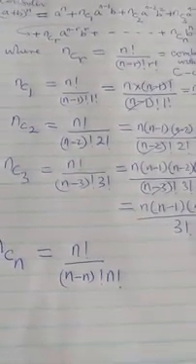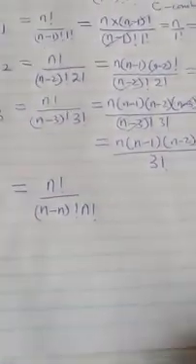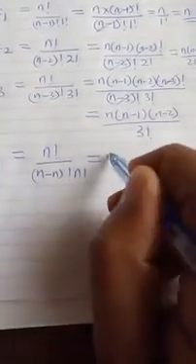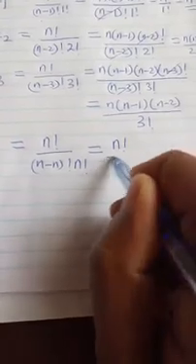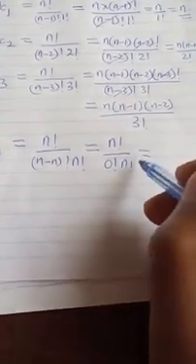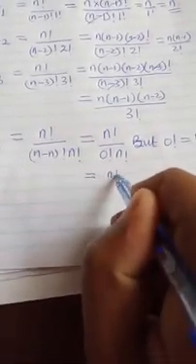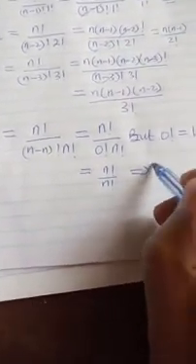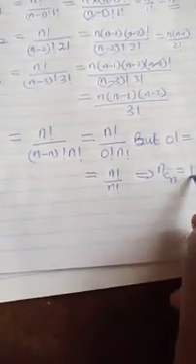And 1 factorial is 1. So if we expand this, we shall have n factorial over 0 factorial times n factorial. But 0 factorial is equal to 1. So this will give us n factorial over n factorial, which implies that nCn will be equal to 1.